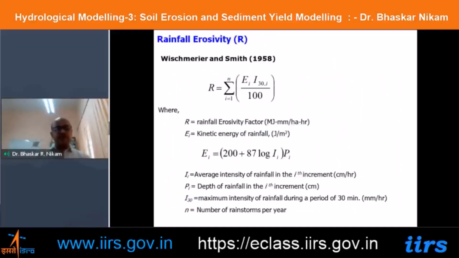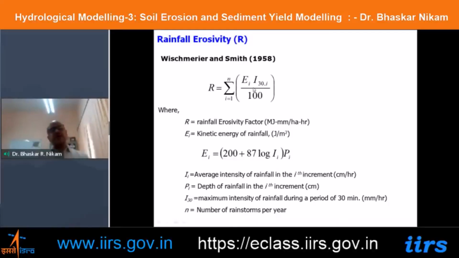So the rainfall erosivity factor is nothing but the impact of rainfall kinetic energy on soil erosion. Of course, the higher the kinetic energy, the higher the R factor should be. The lower the kinetic energy or the lower the amount of rainfall, the lower the R, which is the rainfall erosivity factor. We can say this is the energy per unit time and area, which can be calculated.